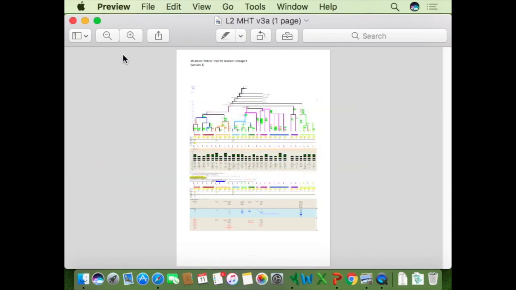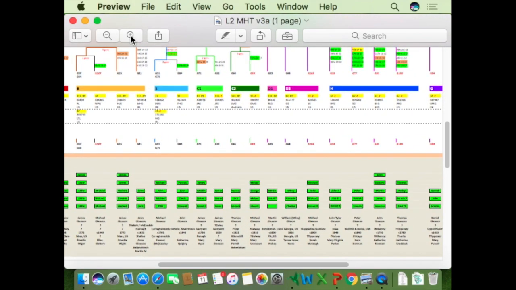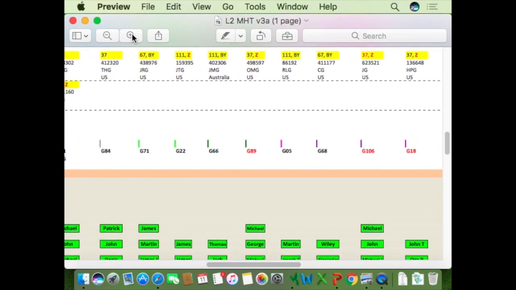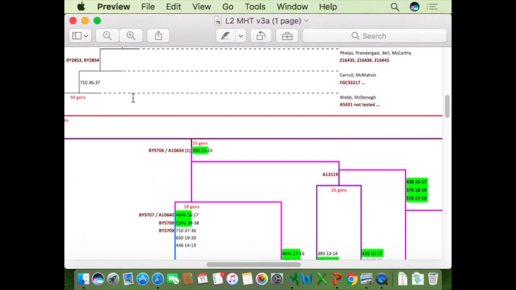Here it is. It's available as a PDF file and anybody can download it. But I'll just show you what it looks like so you can get a better idea of what's involved.